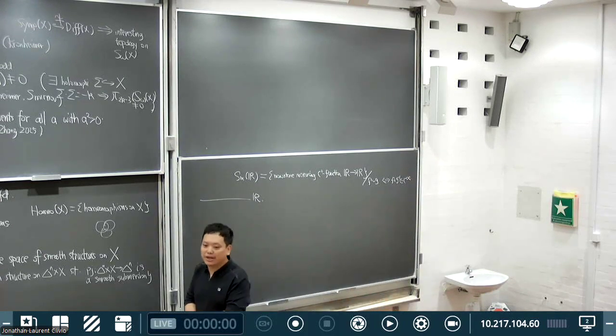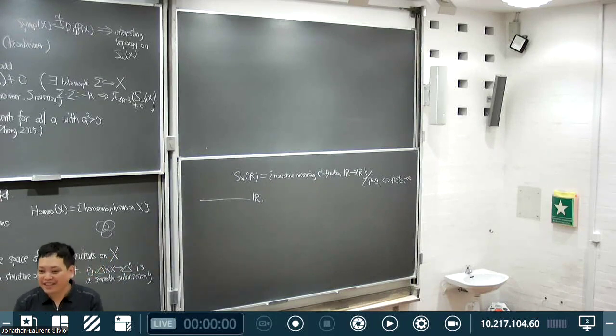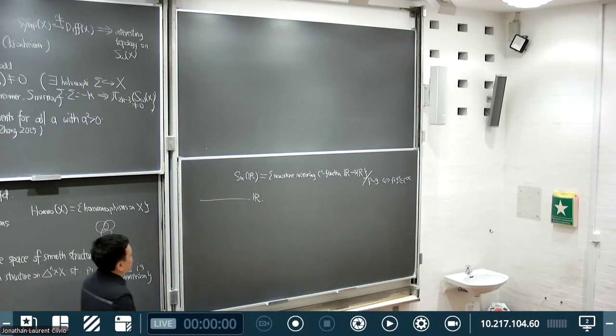When, for example, X is R. So what about A of R? A of R is just a single point.